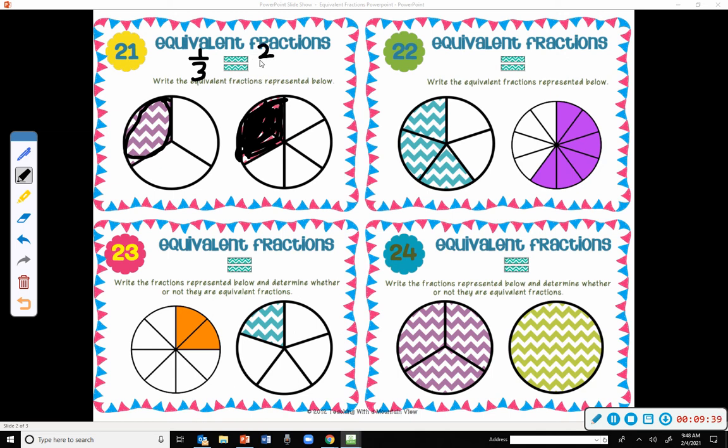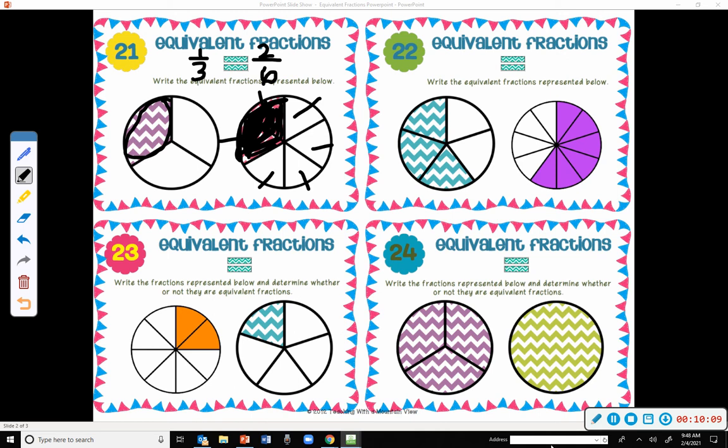So 2 is my numerator. Javea, what would my denominator be? 6, because there's 6 pieces total. 1, 2, 3, 4, 5, 6. So 1/3 is equivalent to 2/6.